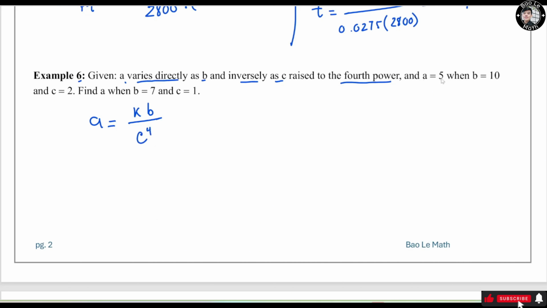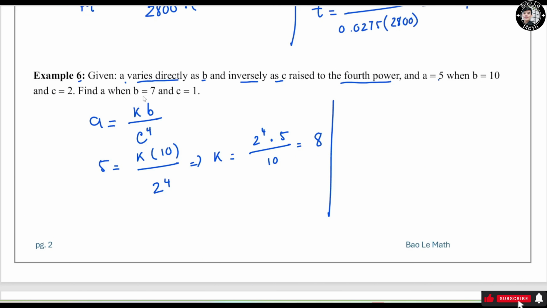Now A equals 5, B equals 10, and C equals 2. We need to solve for K. So K equals 2 to the 4 times 5 divided by 10. 2 to the 4 is going to be 16. 16 times 5 is 80, divided by 10, it's 8.